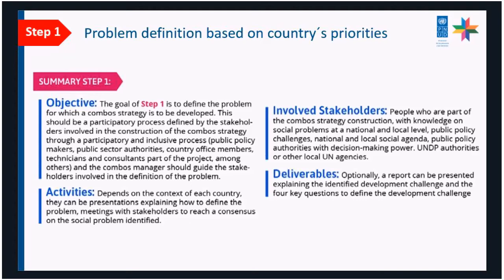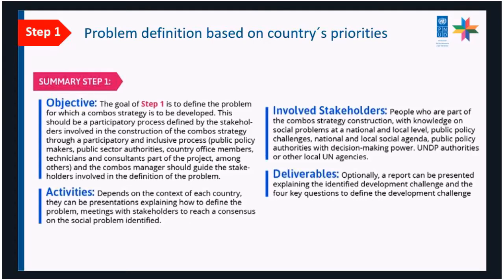We don't want to impose a plan of action. We don't want to bring to countries a specific agenda. What we want is to create a strategy around their own social problems.